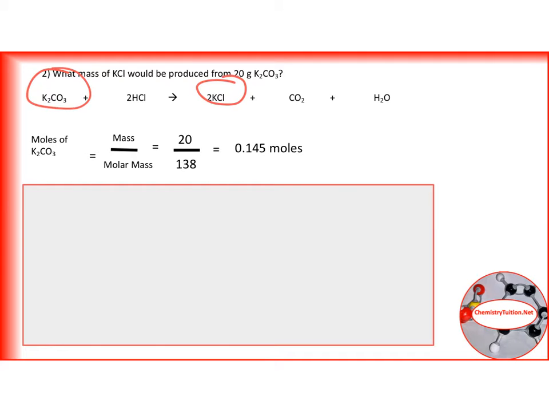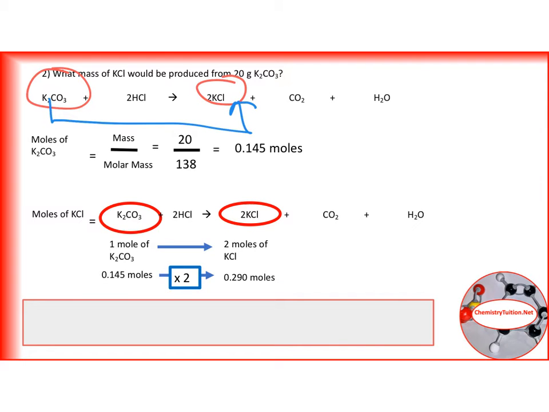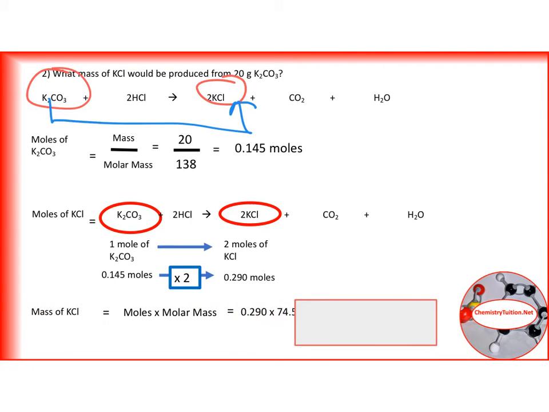By looking at the ratio, we can see that 1 potassium carbonate, we form 2 potassium chlorides. So we need to times our moles of potassium carbonate by 2 to give us 0.290 moles. And then finally, we're going to find the mass, which is moles times molar mass. Molar mass of potassium chloride is 74.5, moles is 0.29, and so we get 21.6 grams.